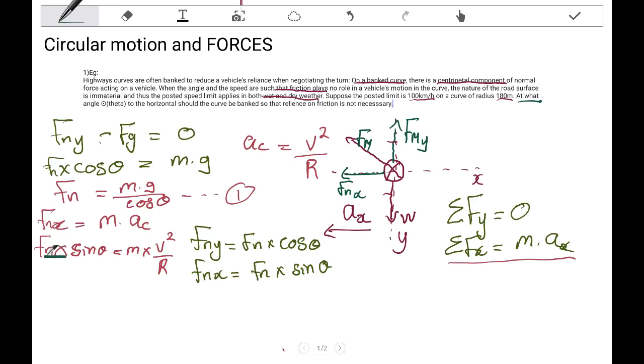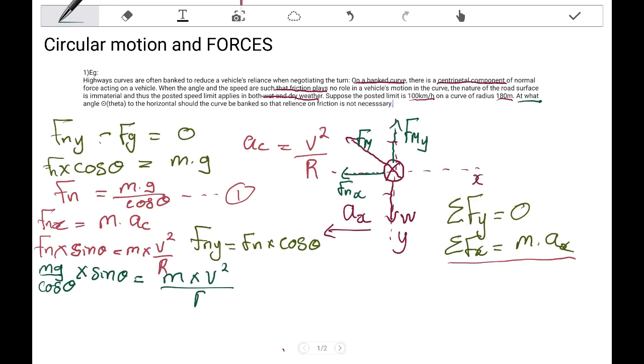If I substitute it here, it's going to be mg over cosine of theta, multiplied by the sine of theta, is equal to mass times v squared over r. R, not r squared, sorry.